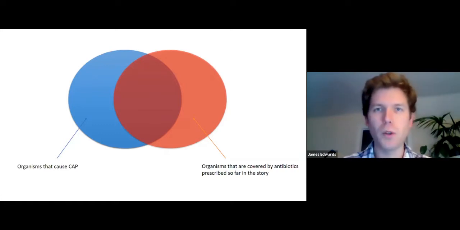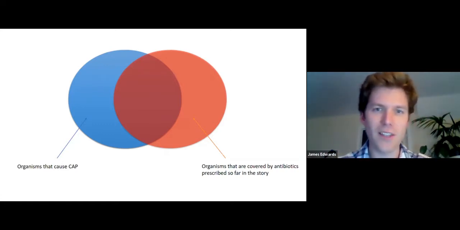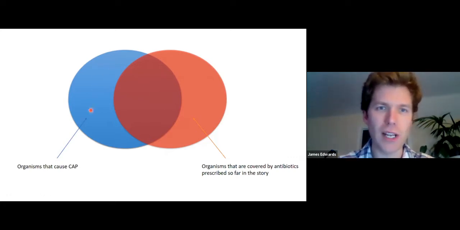When you're prescribing an antibiotic, you're prescribing empirically, trying to get this overlap as big as possible. But here, with the child getting worse, maybe you're starting to think, well, actually, the bacteria causing the infection is over here in this blue sector.